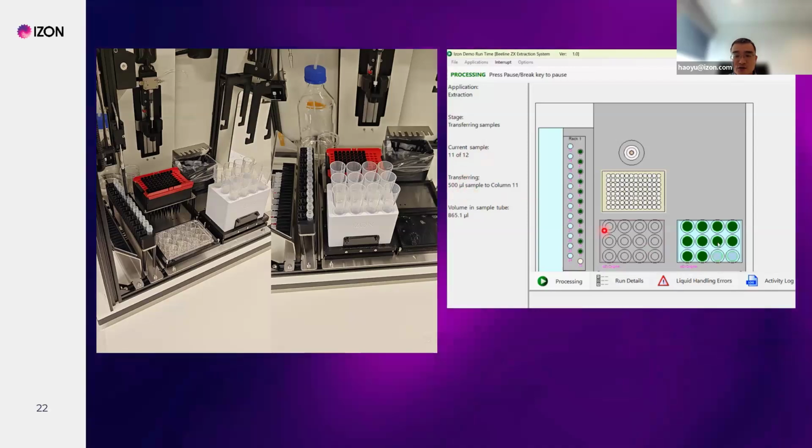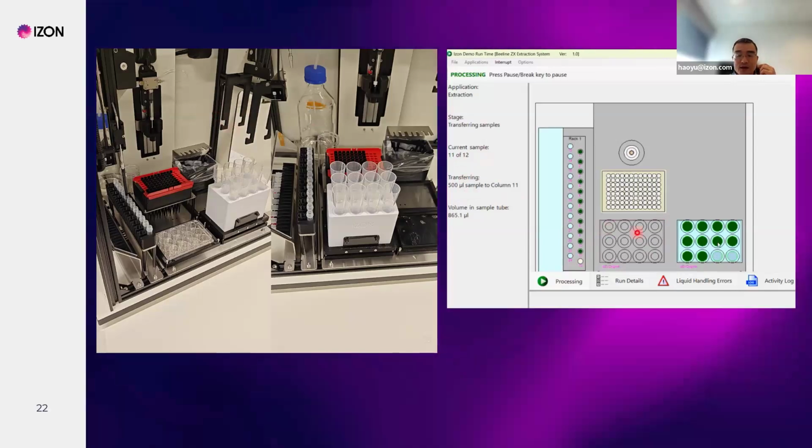The pipetting arm takes the sample and puts it into this well. Later, after the buffer volume is collected, it will pump in buffer through this robot arm, add the required amount of buffer, and load it into the collection plates.